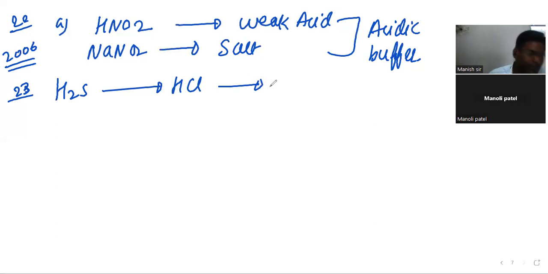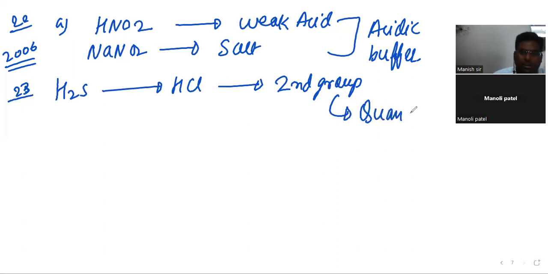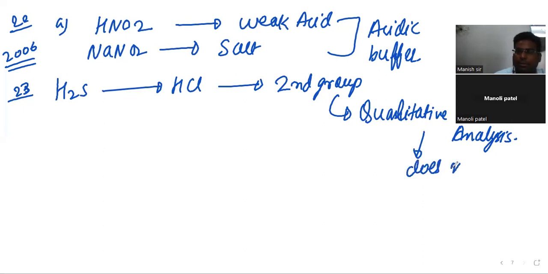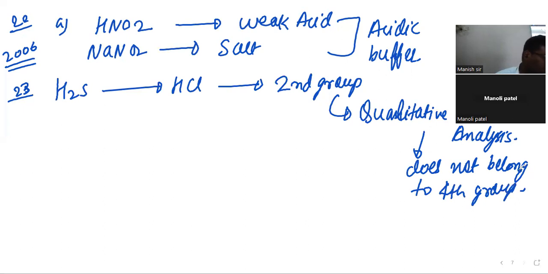So it is the second group, and it is doing the qualitative analysis, and it doesn't belong to the fourth group. It was asked in 2005.